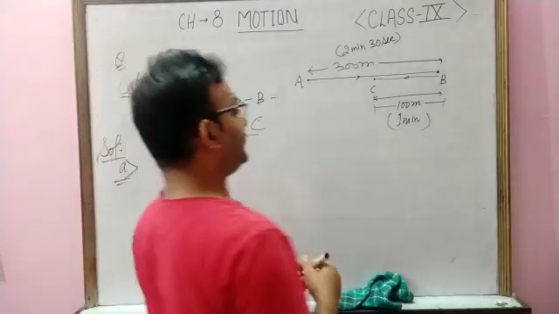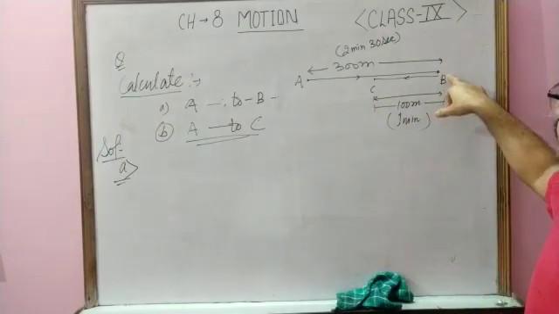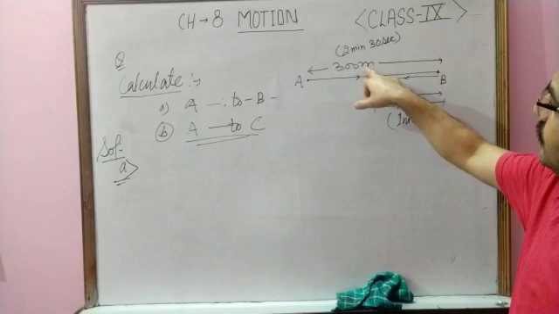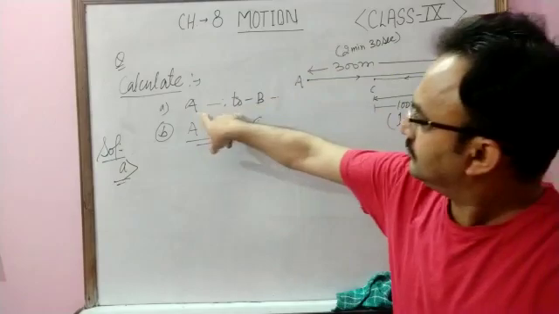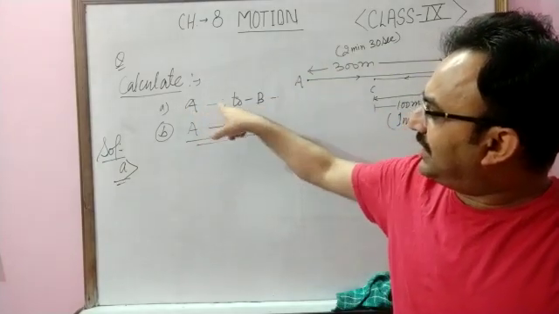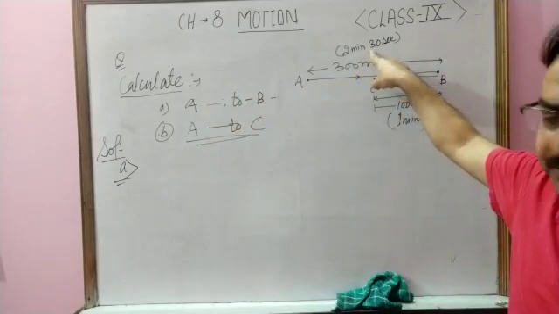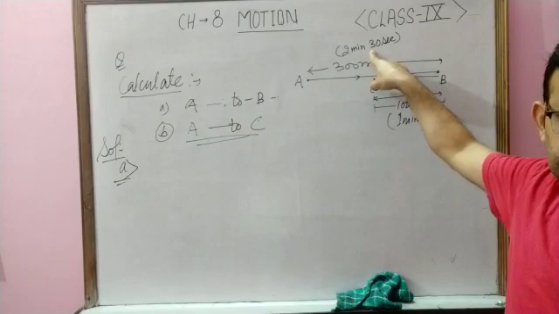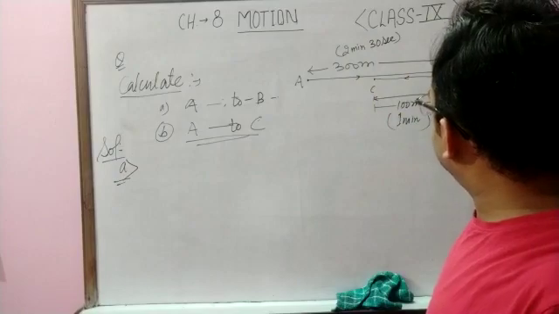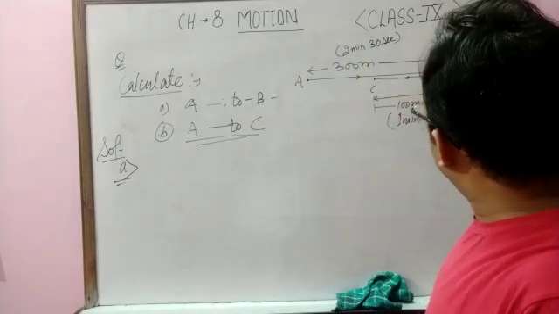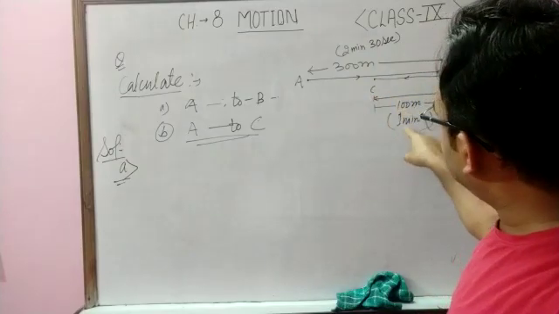Okay, first part is here. Just think about the question. He started his journey from point A and reached point B by traveling a distance of 300 meters in 2 minutes 30 seconds. To find average speed and average velocity, we need two things: distance, which is given, and time, which we also have. Then he reached point B, took a turn and returned, reaching point C by traveling a distance of 100 meters in 1 minute.